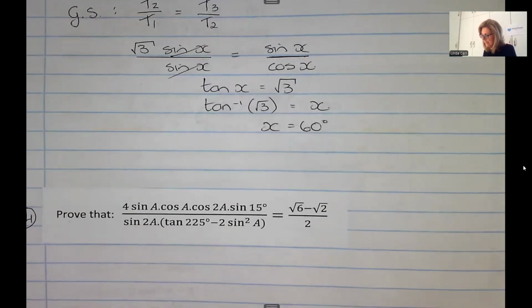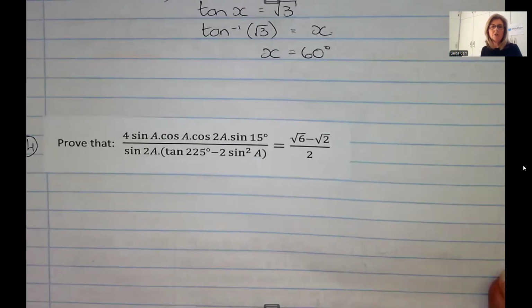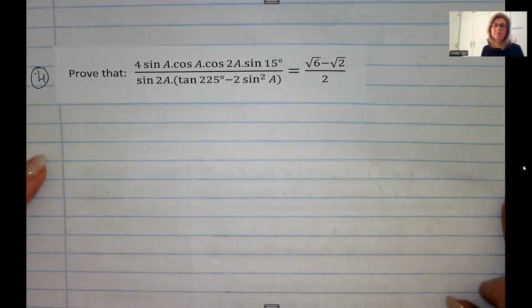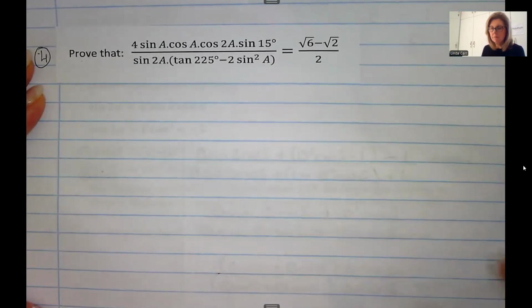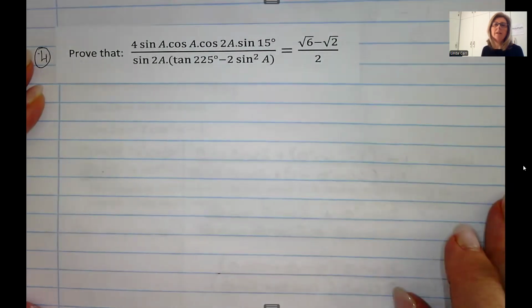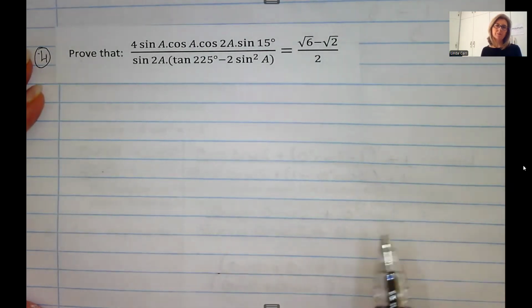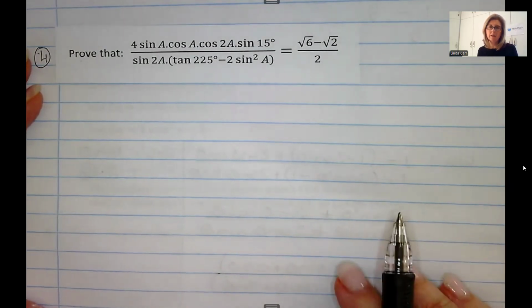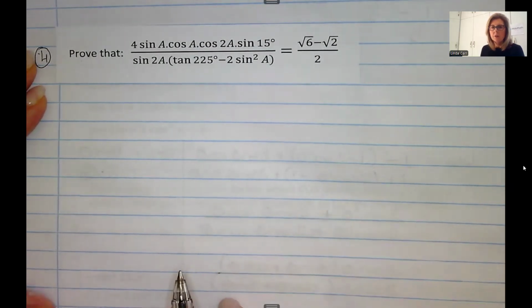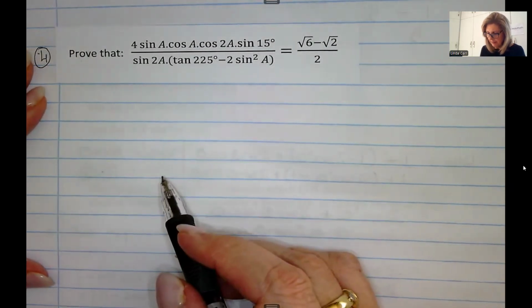Right, the next identity looks very scary. It just looks scary because it's so big. Clearly, we have to work with the left-hand side because the right-hand side is already a numerical value. Okay, so it could be a prove that, or it could be an evaluate style question. So I have to focus on the left.